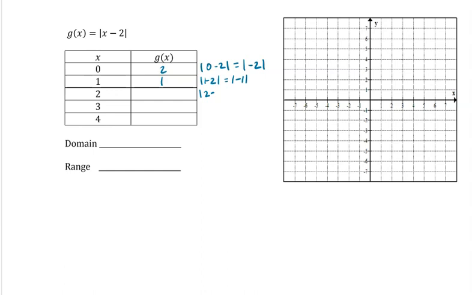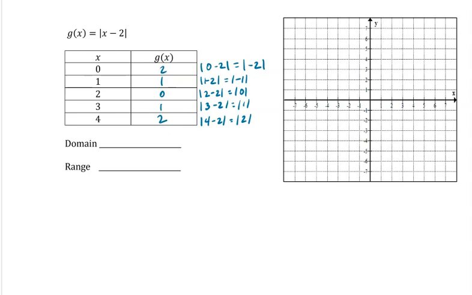Absolute value of 2 minus 2 is the absolute value of 0, which is 0. Absolute value of 3 minus 2, the same as the absolute value of 1, which is 1. The absolute value of 4 minus 2 is the absolute value of 2, which is 2.